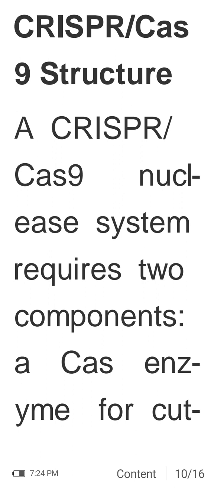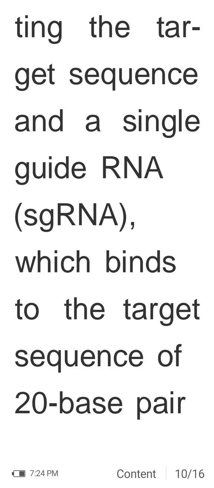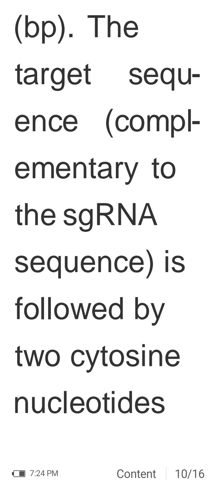CRISPR-Cas9 structure. The CRISPR-Cas9 nuclease system requires two components: the Cas enzyme for cutting the target sequence and a single guide RNA, sgRNA, which binds to the target sequence of 20 base pairs.